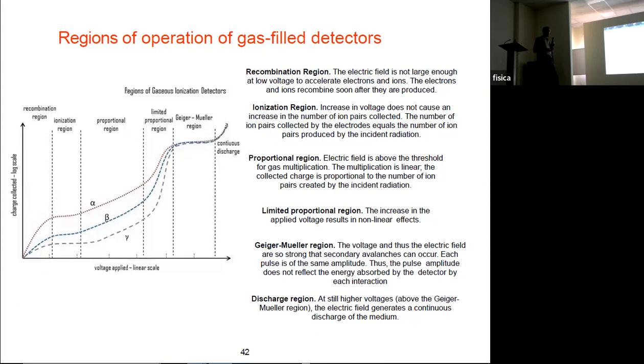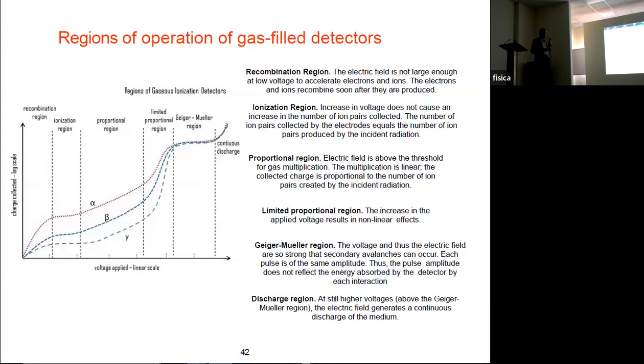The main thing is that we have a strong amplification of the initial signal, but we can't get the amplitude or the energy of the particle, and can only detect the presence of the initial radiation. The detectors which have the same name are called counters.